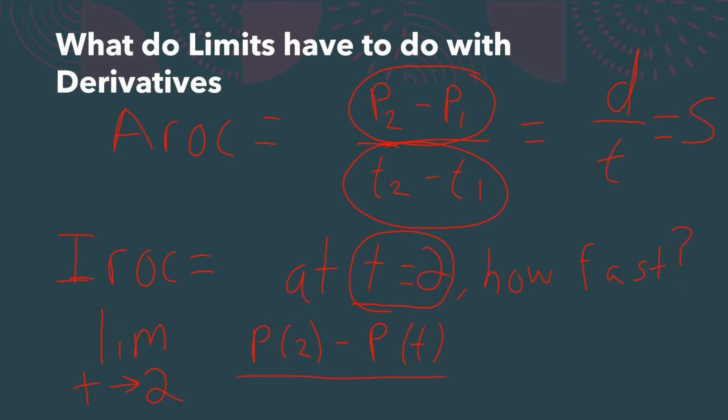We want t to get closer and closer to 2. But if we plug in 2, you can see that we're dividing by 0. If t equals 2, that's a problem.